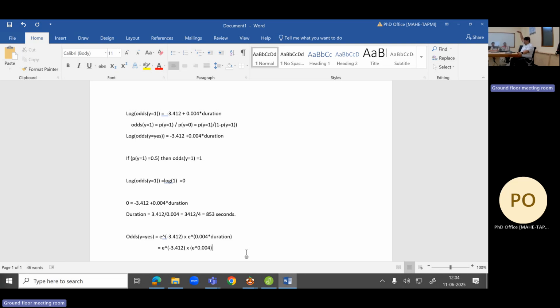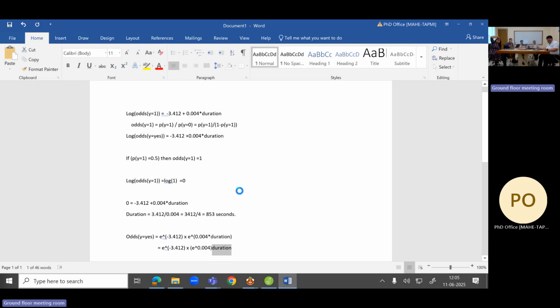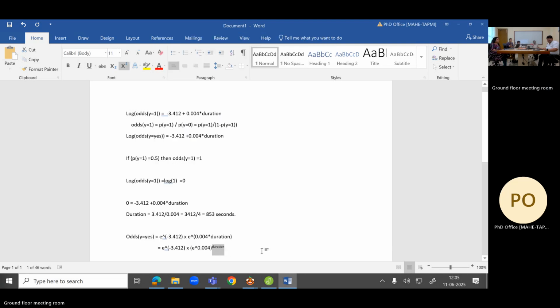It will not come down. So let me write this and then change it to superscript. Now I deliberately wrote this so that you understand.